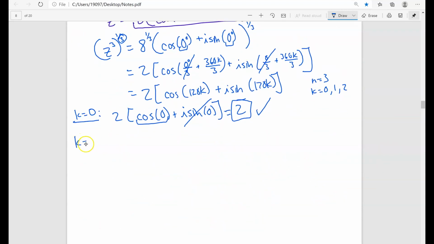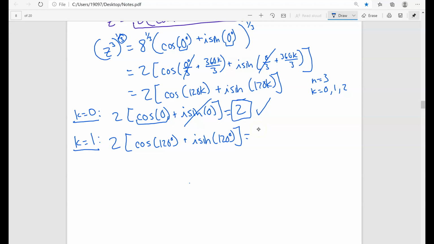So now let's say we wanted to do it when k equals 1. So what's going to be the second root? So we're going to take 2, then we're going to take cosine of 120 degrees plus I sine of 120 degrees. Okay, so we're going to start off with cosine of 120.